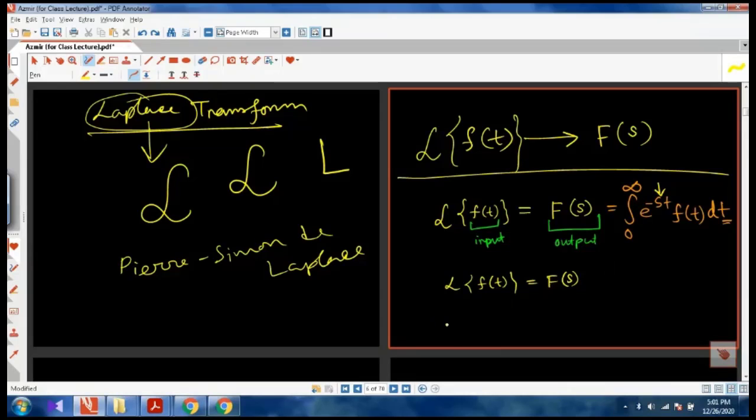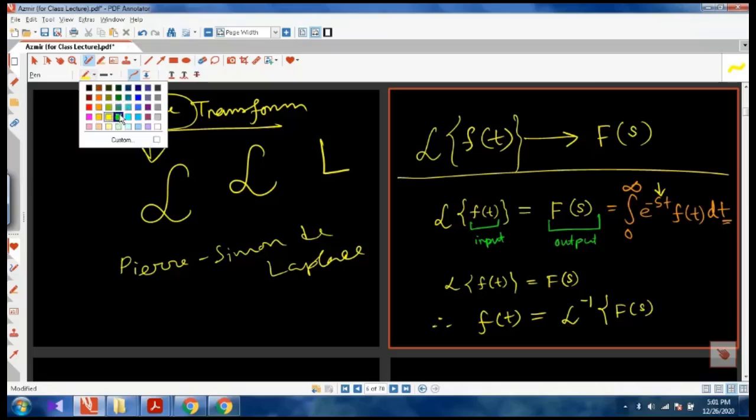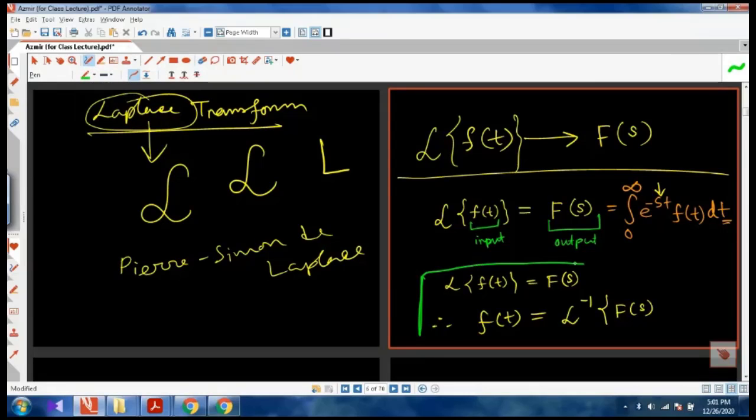Now, therefore, f of t equal to inverse Laplace transformation of f of s. So you can easily see that from the definition of Laplace transformation, we can also think about inverse Laplace transformation.